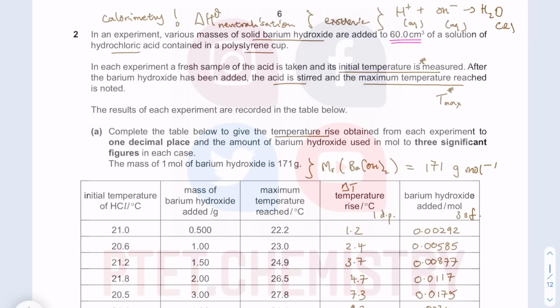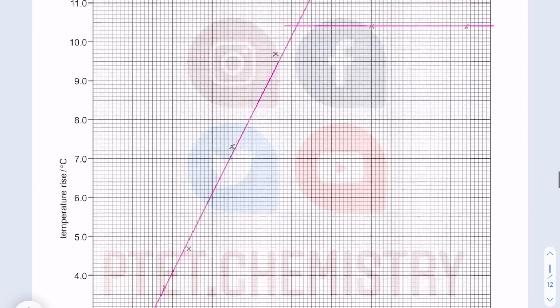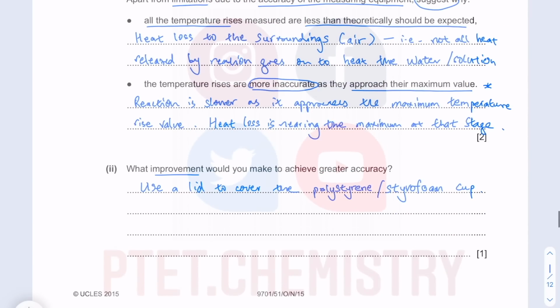If you have a huge chunk of solid, it's going to take a while for the acid to get into the inner part of the solid chunks that contain the barium hydroxide. So it's better if we crush up the solid barium hydroxide into a fine powder so that we get a faster initial rate, and this will give us a more accurate maximum temperature rise.